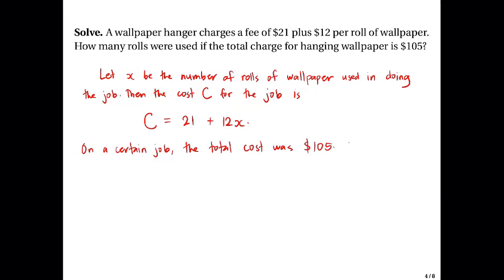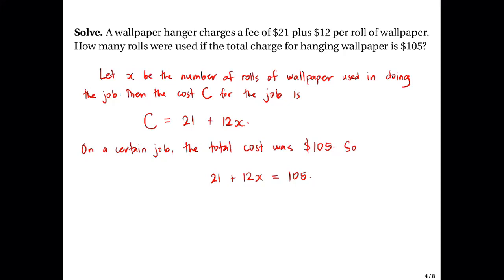So we have the following: 21 plus 12x equals 105.